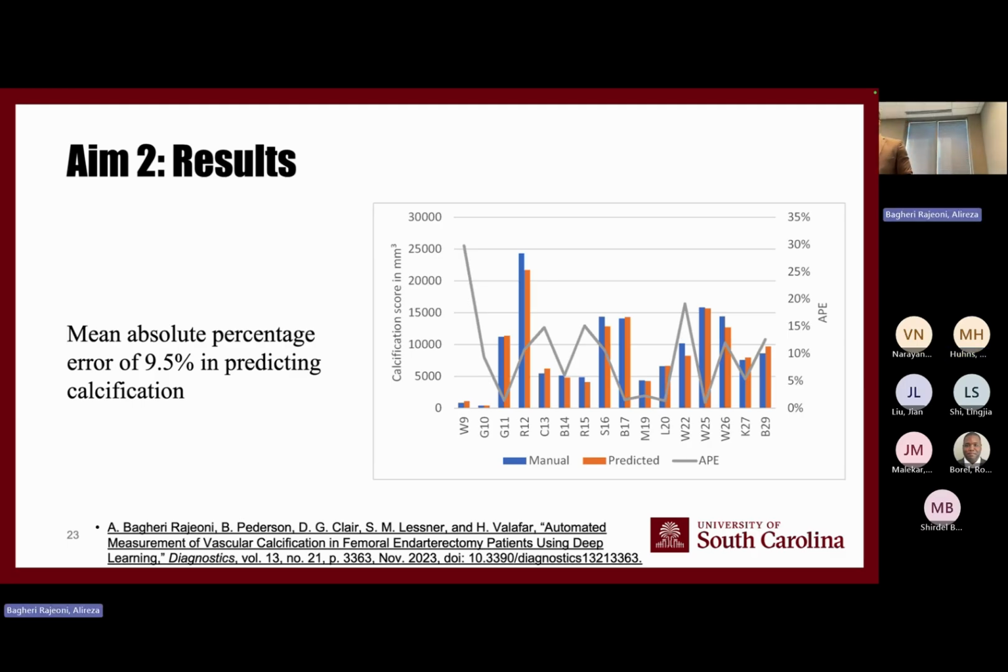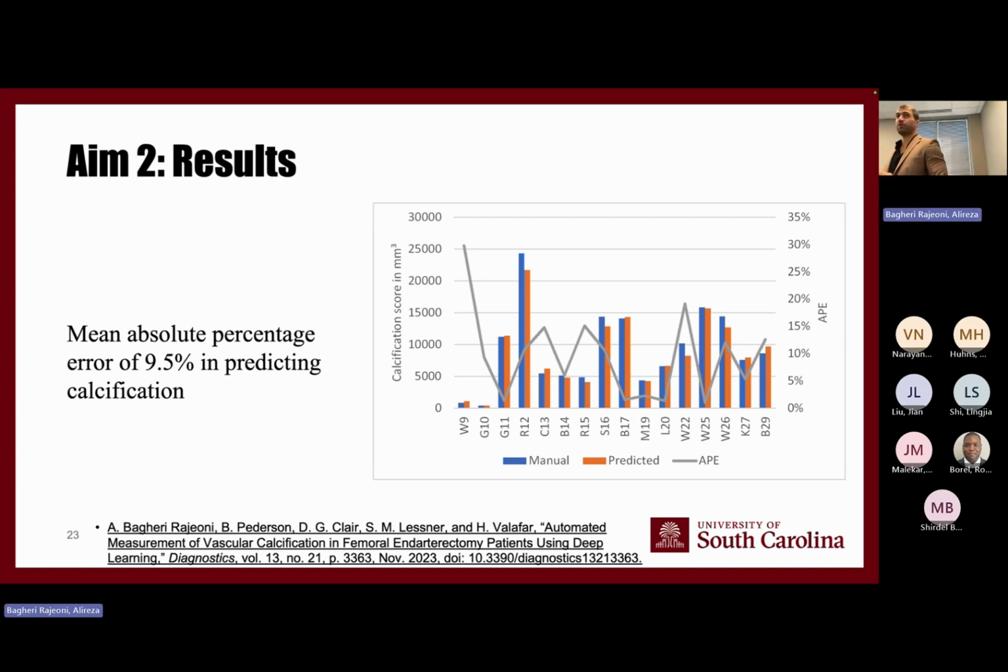A great question, thank you. So an expert went through all the medical scans and manually measured the amount of calcification in patients. That's how the blue is extracted for each patient. Does that answer your question? That's perfect. Yeah, thank you.